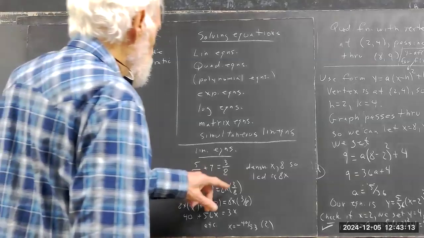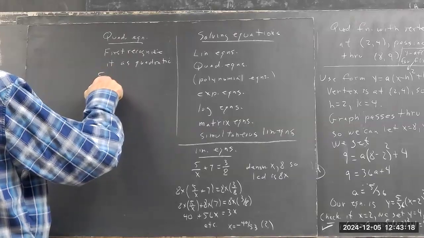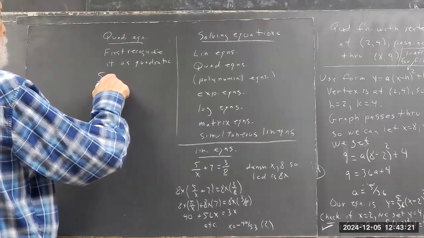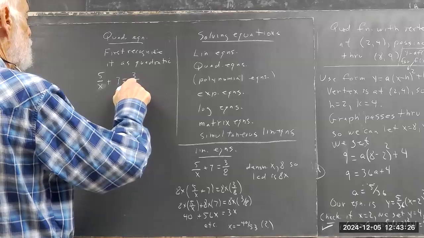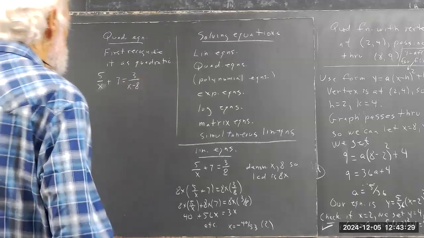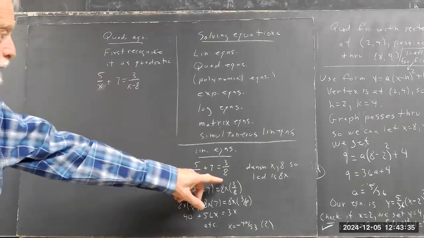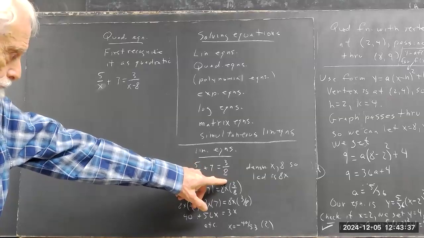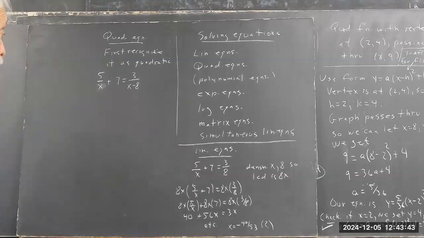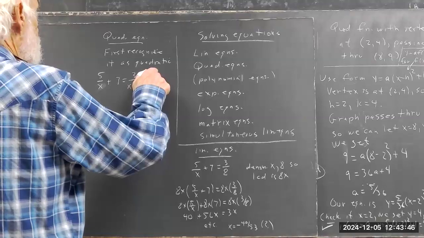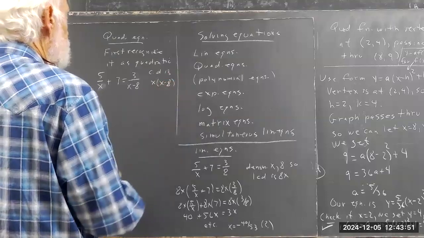Let's take the equation I wrote here, but let's change the denominator of the term on the right from 8 to x minus 8. Well, now the common denominator is x times x minus 8.